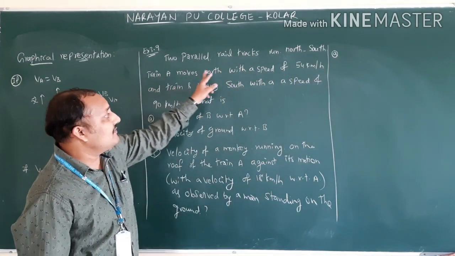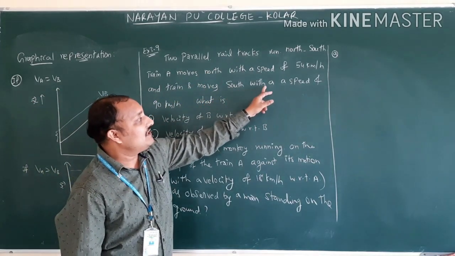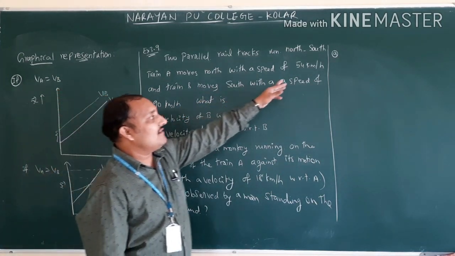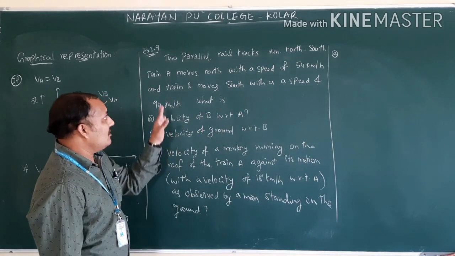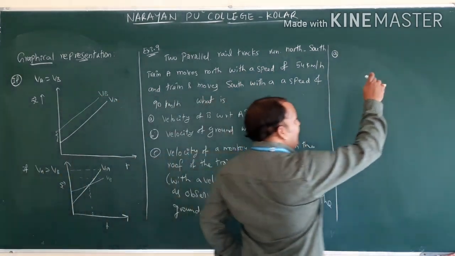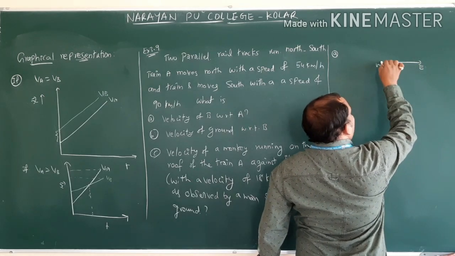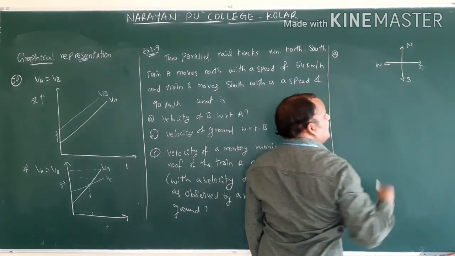So train A is moving towards north, and train B moves towards south with a speed of 90 km per hour. For our convenience, we will always convert kilometer per hour into meter per second. I am giving directions, you can check. Generally we will take east, west like this, and north, south like this.